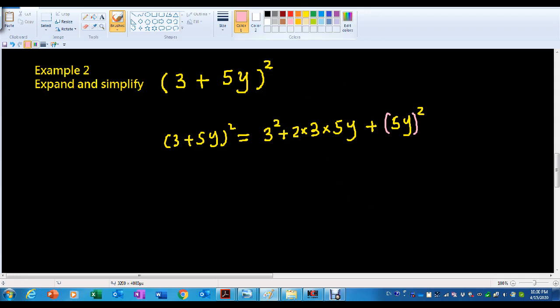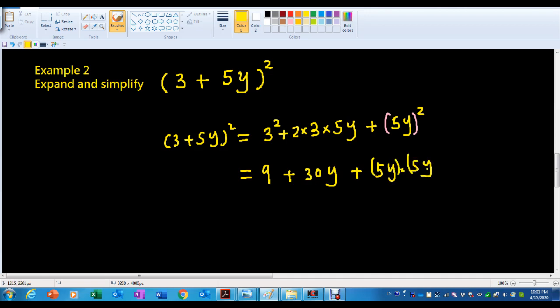Alright, so now we're going to do the first one. 3 squared is 9, and the middle term is 30y, plus 5y squared. How could we deal with this? Remember, 5y squared means 5y times another 5y.